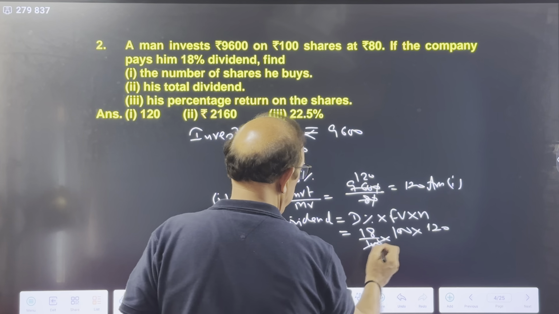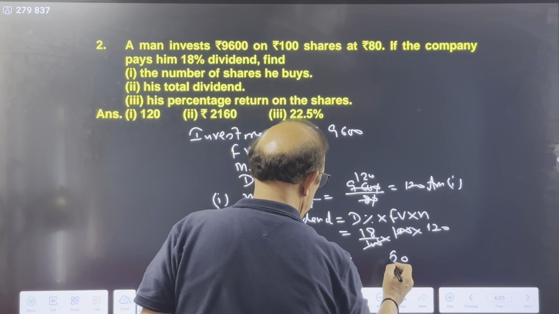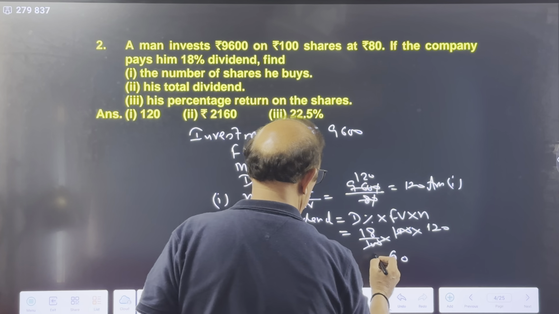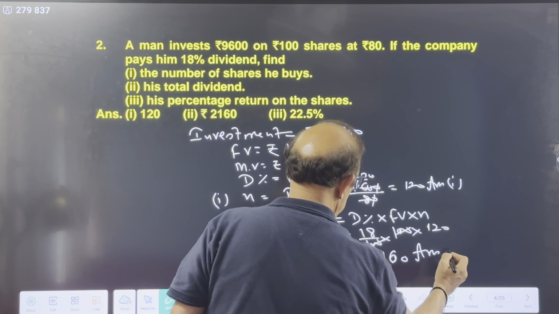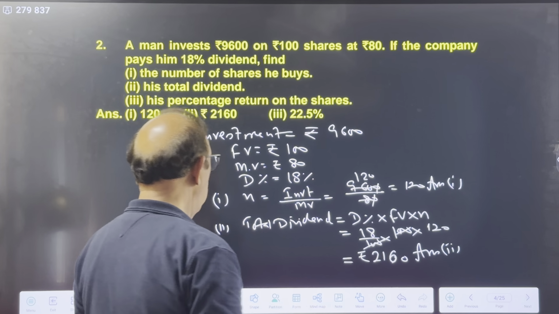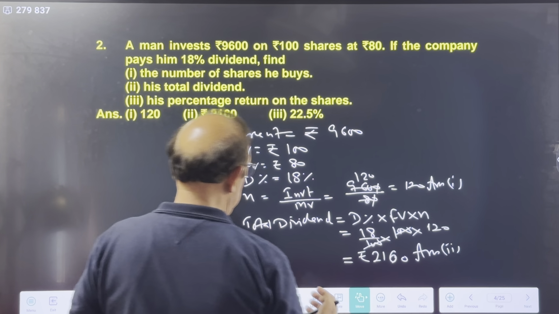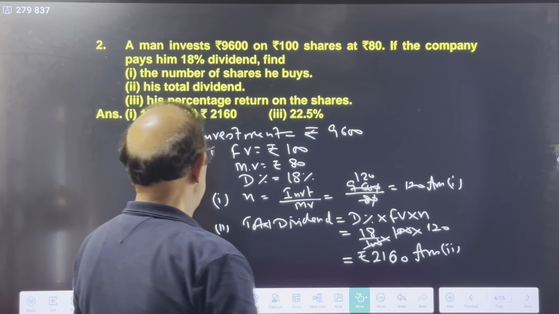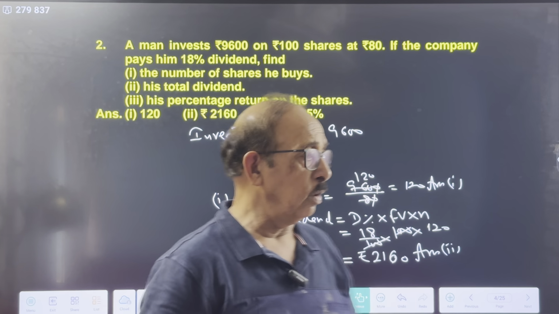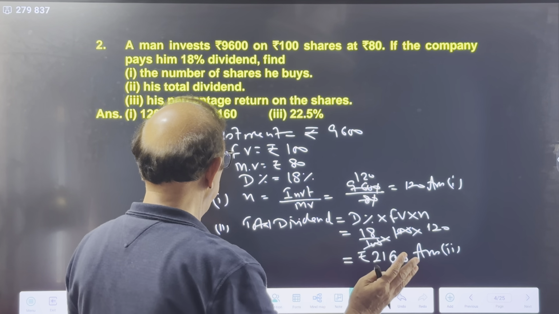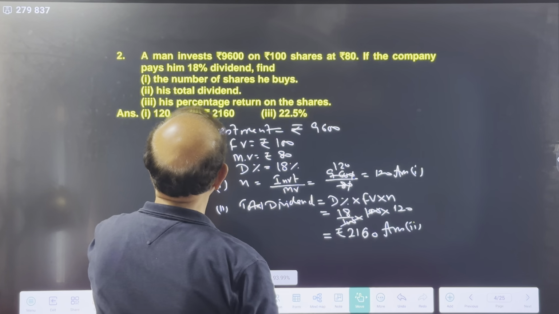Now cancel 100. 18 into 120, which is 2160. This is the annual dividend, or you can say annual income, or simply you can say dividend or income. You can write dividend or income or annual dividend or annual income. All have the same meaning because dividend is given annually.